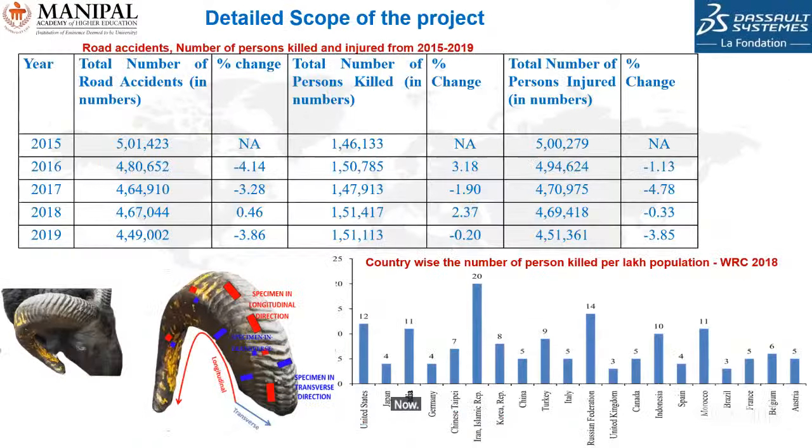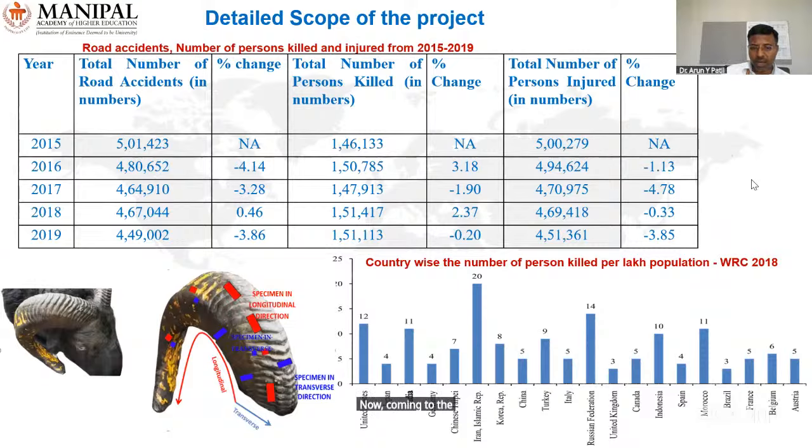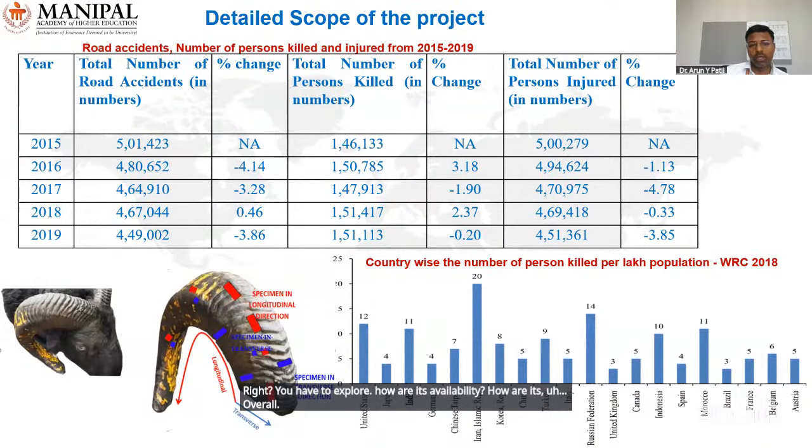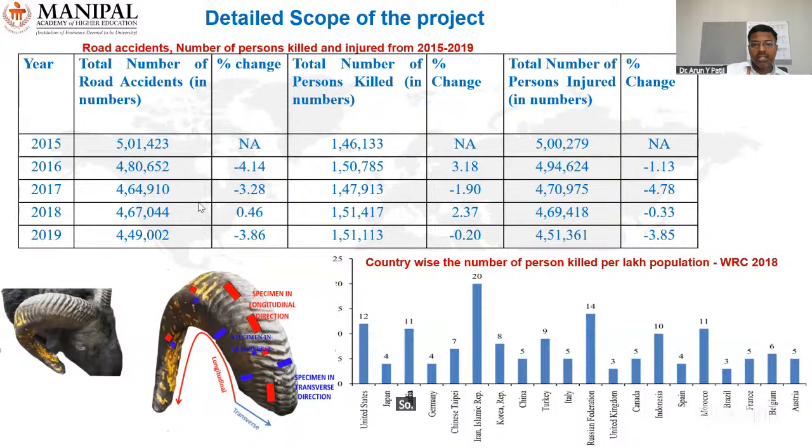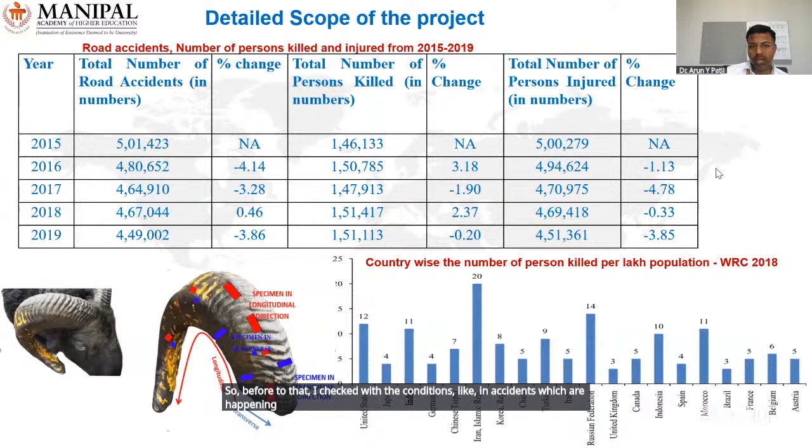Now, coming to the literature survey from the background, you have to explore its availability and its overall bandwidth in terms of raw material requirements. Before that, I checked the accident data from the road and transportation ministry.